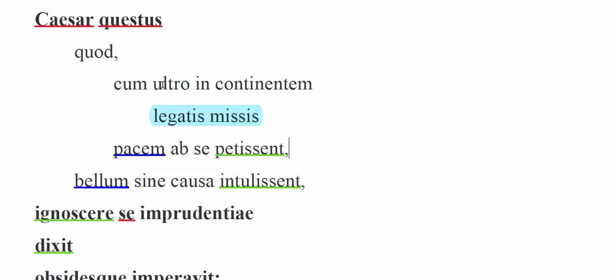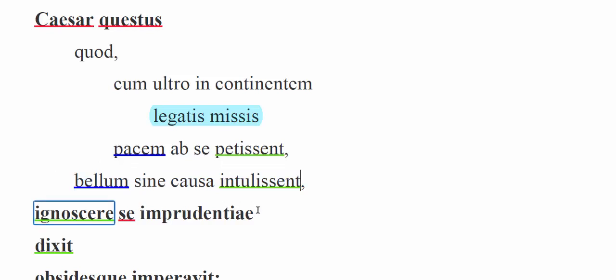So according to Caesar, recently, having sent ambassadors to the continent, the barbarians had sought peace from Caesar, but they had instead waged war without cause. So this is the substance of Caesar's complaint, that they had waged war without cause when recently they had been seeking peace.